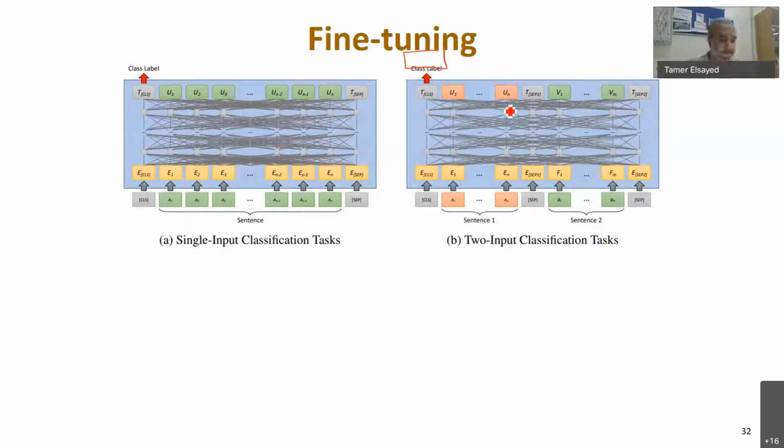Yes, Marina. At this level, are tens of examples enough to fine-tune BERT? Sometimes, of course. As you have many examples, that will be better. But they show that for some tasks, few examples were enough.